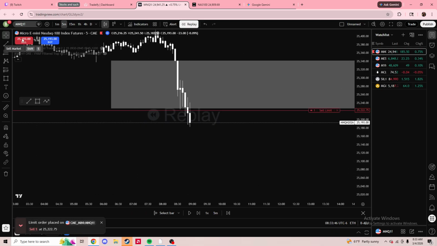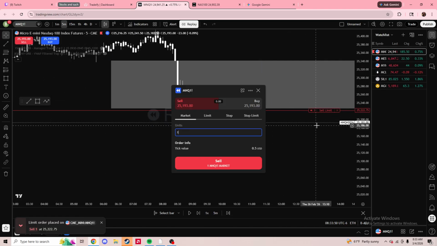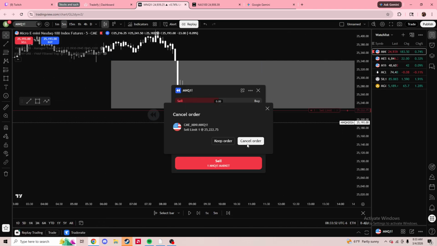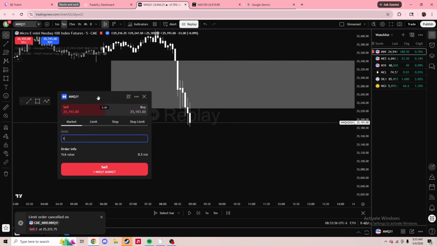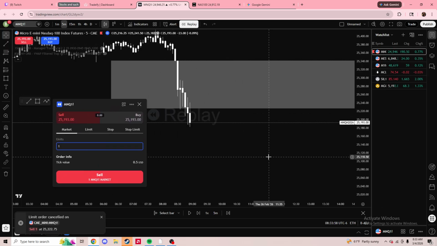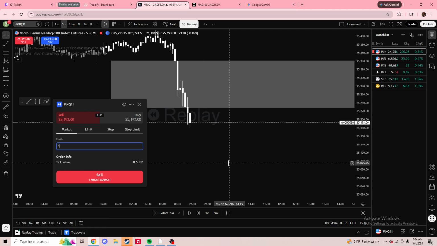Now, when you're placing a sell market versus a sell limit, a sell market, or even a buy market, market in general, places directly where the candle is, or where this line would be. So it'll place it here every single time.